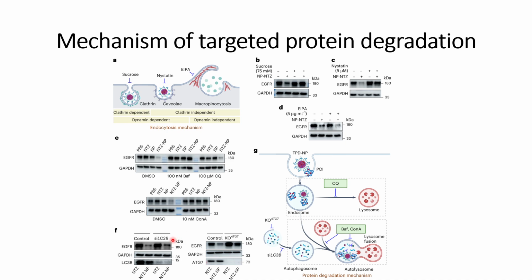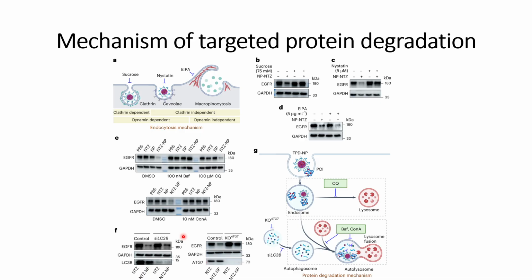They are able to see that silencing LC3B or knocking down ATG7 leads to the partial recovery of EGFR compared to the case where there is no silencing gene. This indicates that the autolysosome is the main process, and the LC3B and ATG7 genes also play a role towards this degradation to some extent.